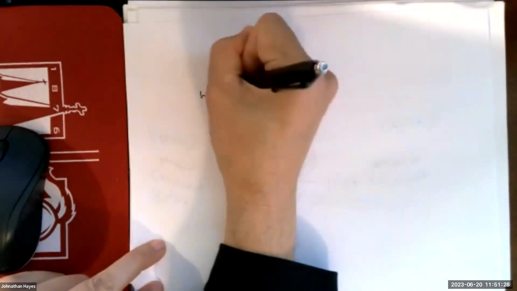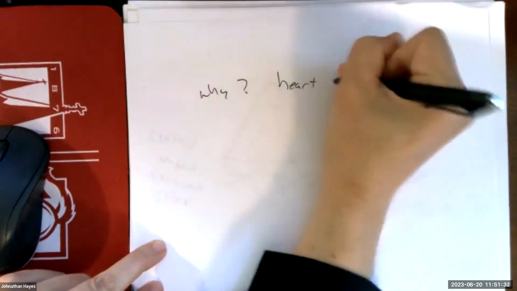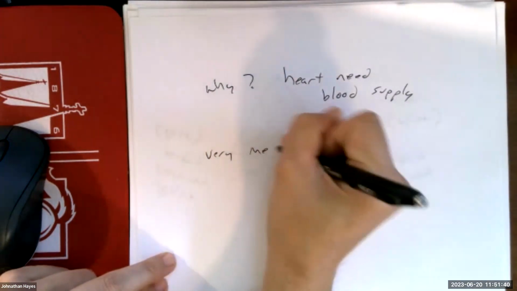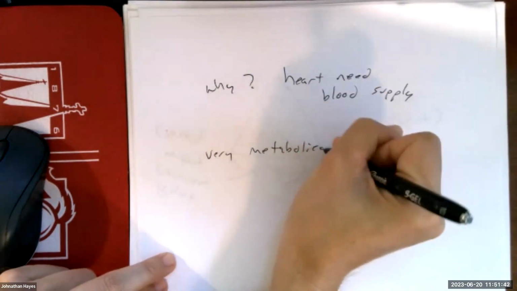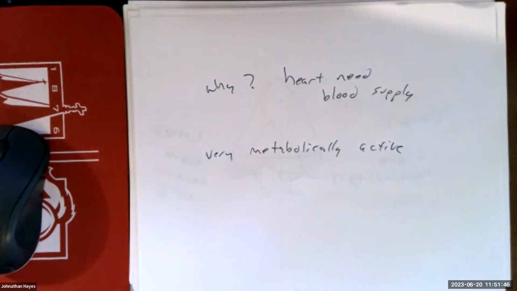And why does the heart need blood supply? It's a very metabolically active organ, right? It's always working, always contracting. So you always need that oxygen. You're always producing carbon dioxide.